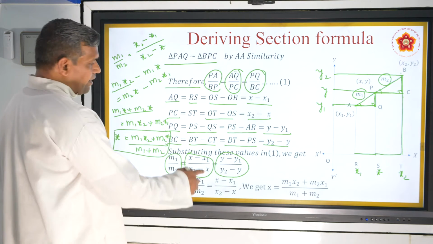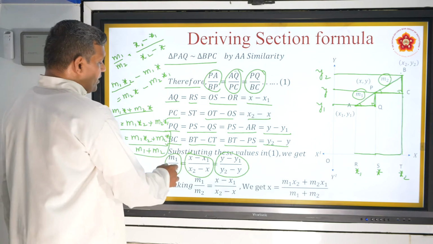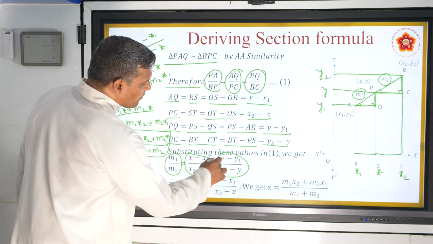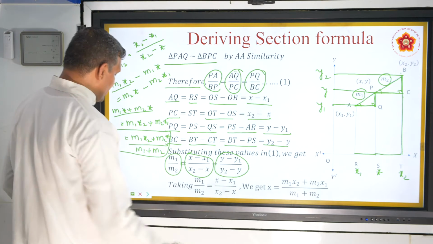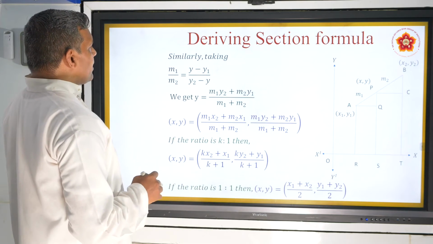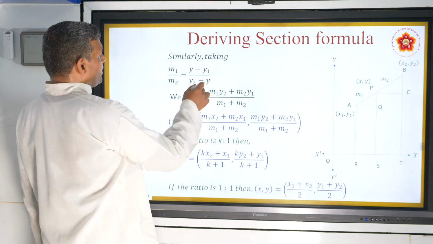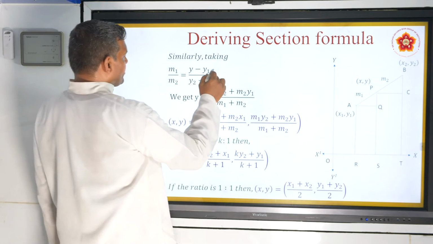So now I got the x value, but I have to get the y value. Then what should I do? Same m1 by m2, I should equate with the last one, (y minus y1) by (y2 minus y). So let's go to the next slide. I brought back the picture once again while calculating the y value. So m1 by m2 is equal to (y minus y1) by (y2 minus y). Cross product, what will you get?